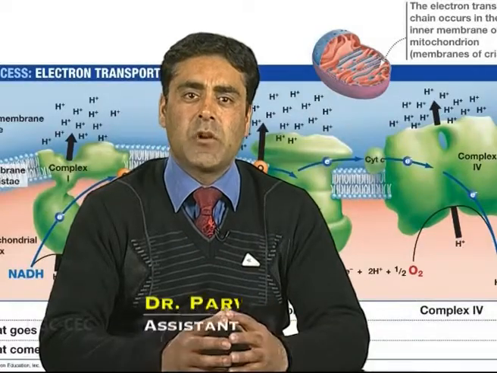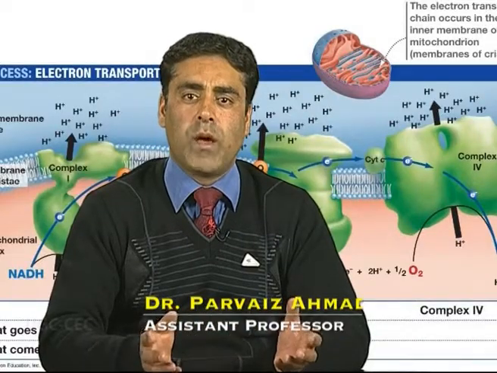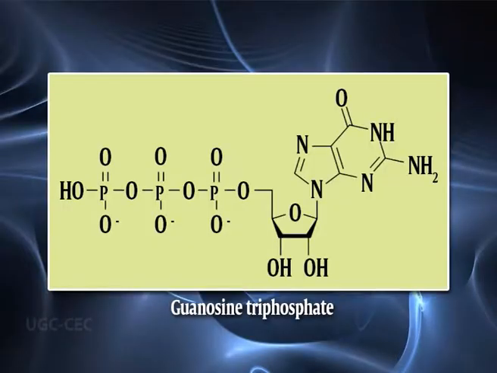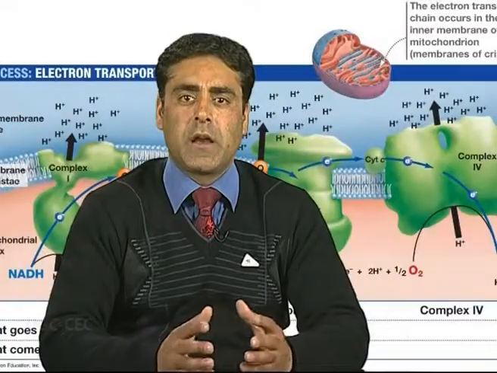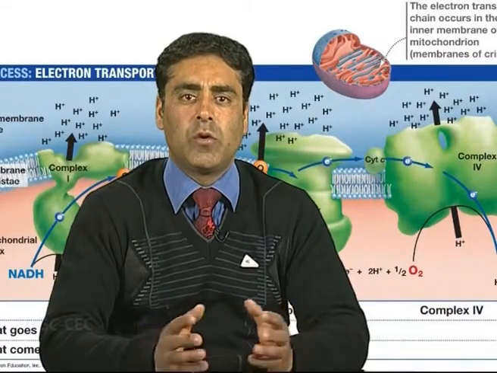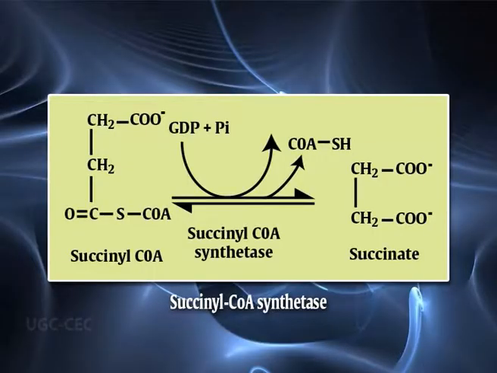While the Krebs cycle is oxidative respiration, one more instance of substrate level phosphorylation occurs as guanosine triphosphate is created from GDP by transfer of a phosphate group during the conversion of succinyl coenzyme A to succinate. This is transferred to ADP in another substrate level phosphorylation event. This reaction is catalyzed by the enzyme succinyl coenzyme A synthetase.